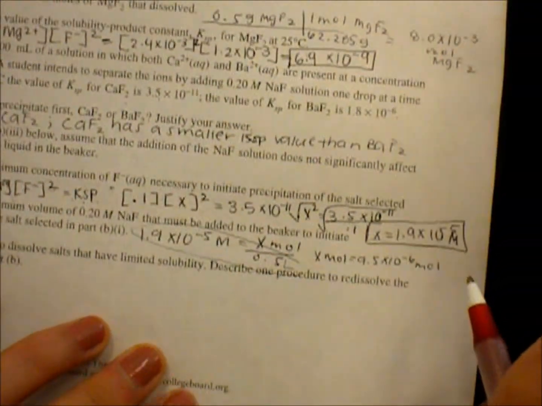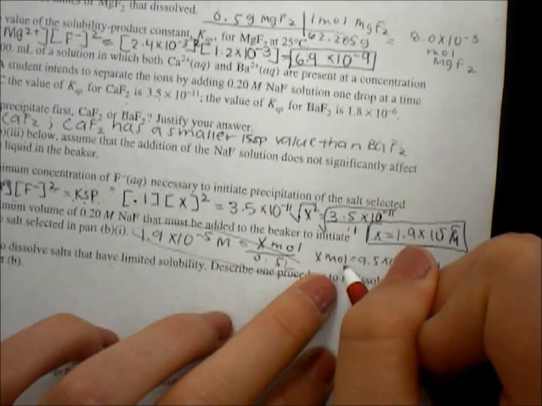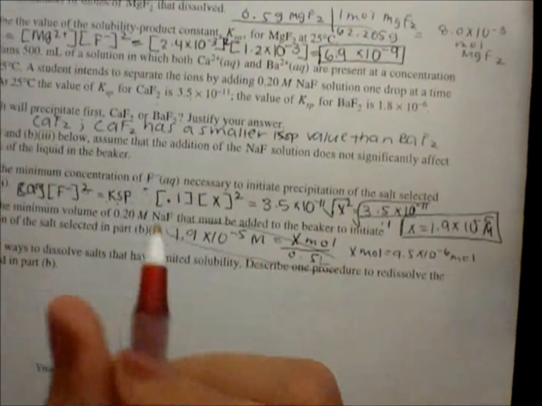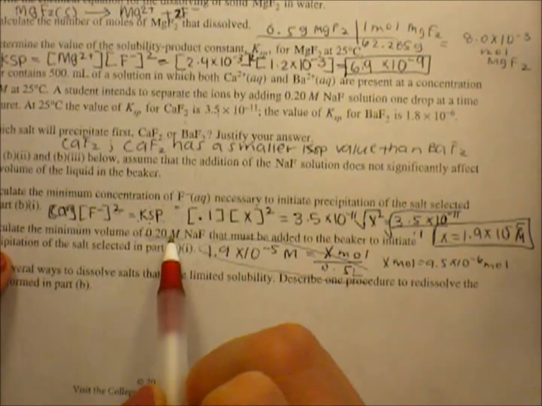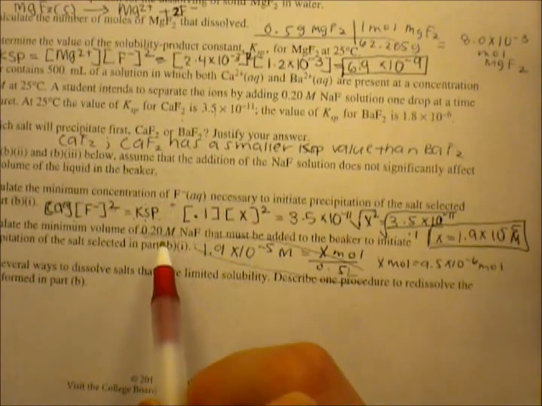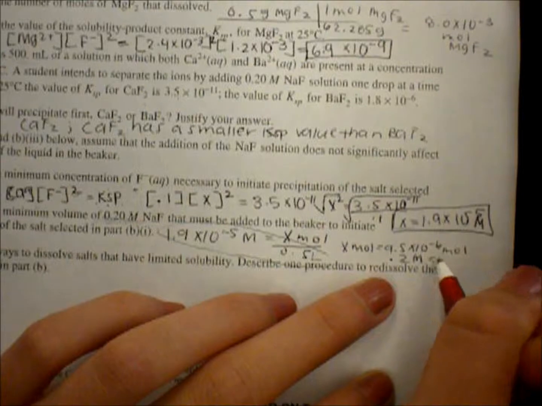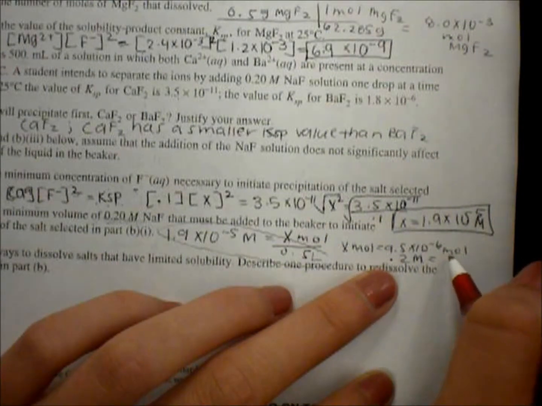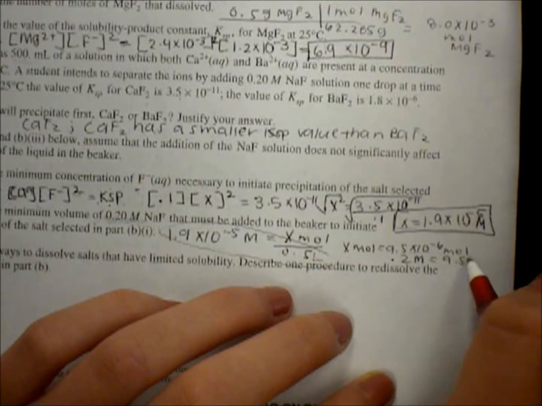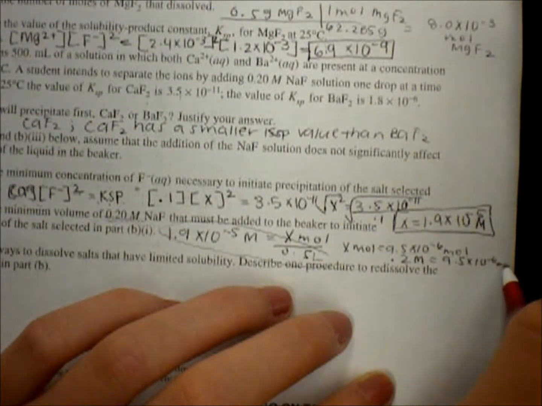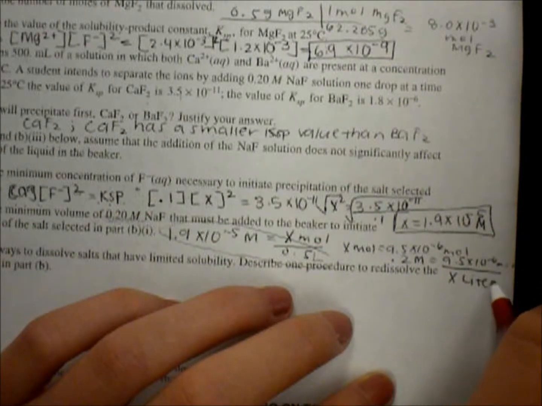From this, we can make another equation. In the equation right here, we see that we have 0.2 molar NaF. So we take that and set it equal to moles over liters again. We take this amount of moles and put that over x liters, because that's what we're solving for.